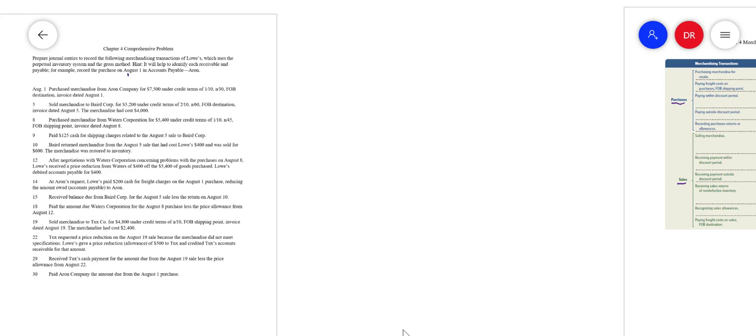So in this first entry, it says August the 1st purchased merchandise from Aaron Company for $7,500 under credit terms of 1/10 net 30 FOB destination, invoice dated August 1. We're going to record the journal entry on August the 1st. And the debit here, we're purchasing goods for merchandise inventory. So we're debiting merchandise inventory, abbreviated INV.